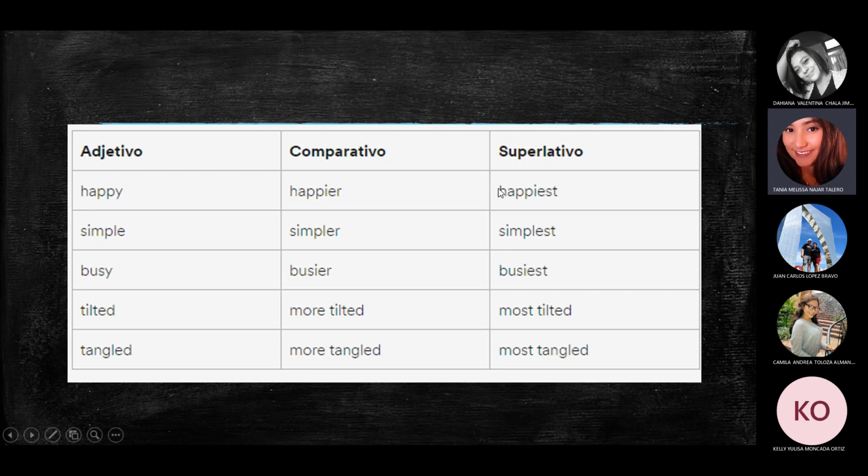So it would be happier in the comparative and happiest in the superlative. Now bossy. Remember here it is a y, and we change this for i. In this case, can you tell me why we can't put both of these letters, y and i?